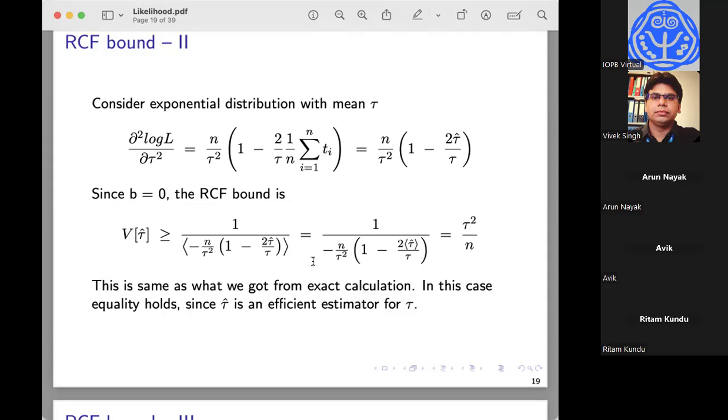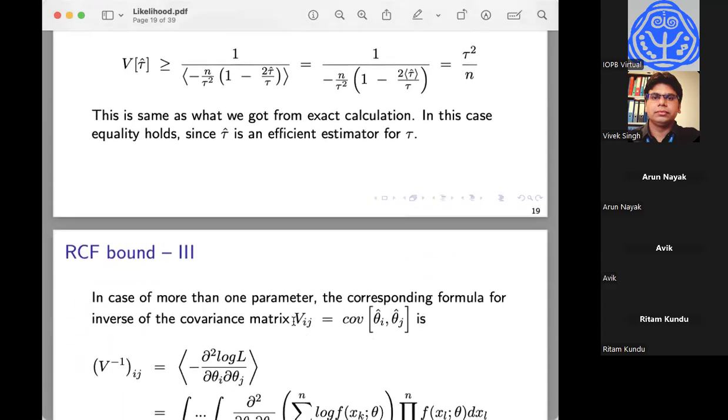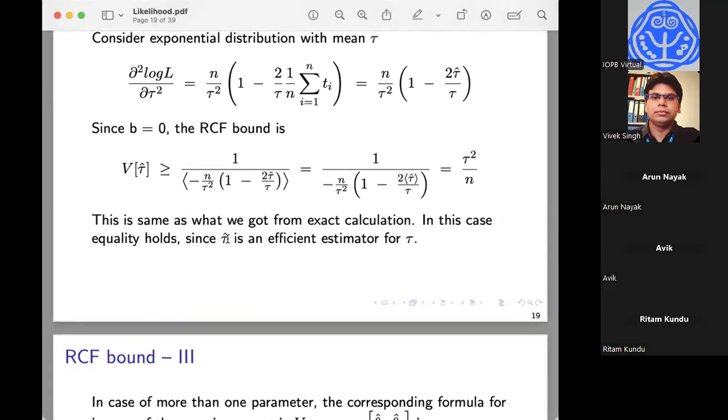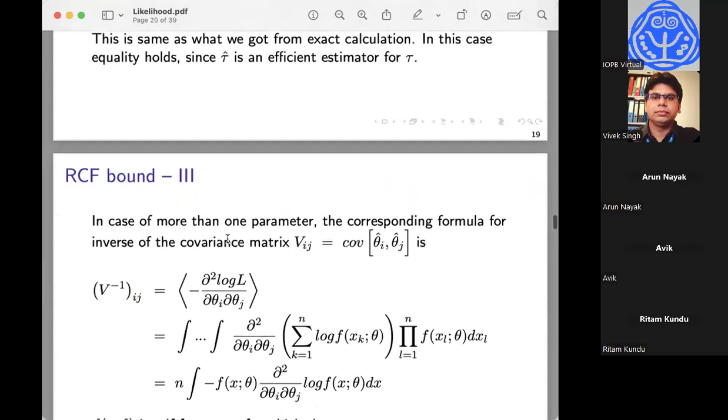If you redo this bit of expansion, you will get approximately, it's actually not equal, but approximately tau square over n. So this is exactly the same as the analytic calculation. And this equality holds in this case because tau hat was an efficient estimator of tau.